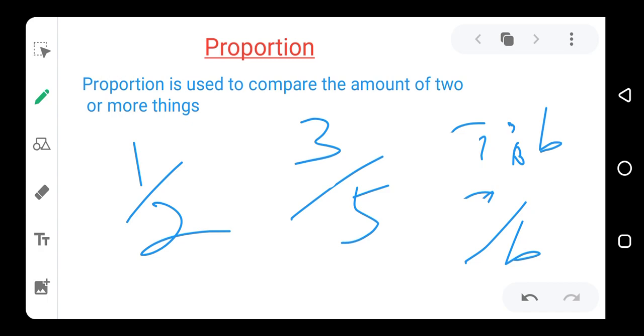So this is what we do in proportion. It is either the fraction or the ratio. We try to look at them and compare the values to see which one is bigger.